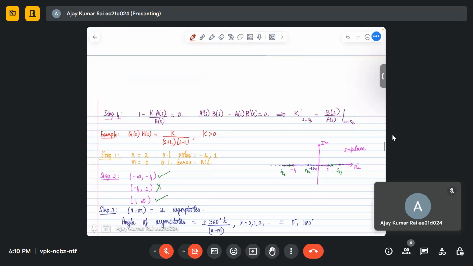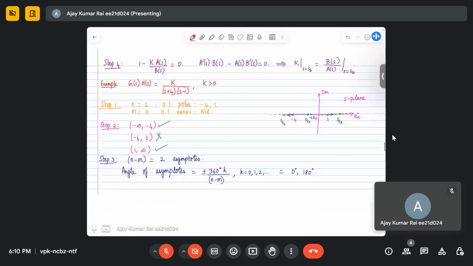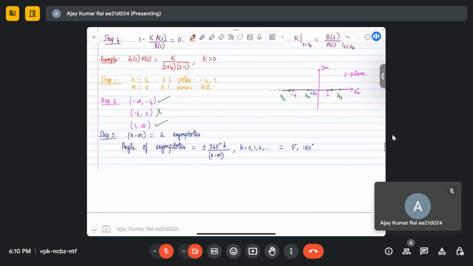Okay, so what are the steps? If you see here, the first step is the same. For the second step, if you look at the previous case, we were taking any test point. So let me take this test point.